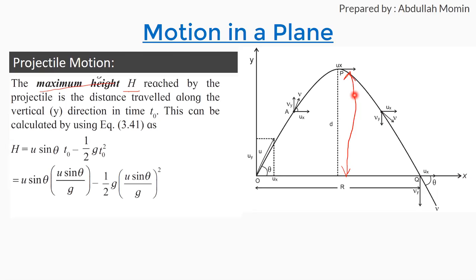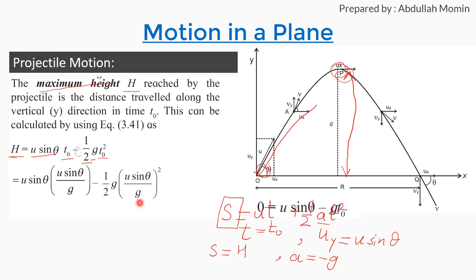Now putting these values in the above equation, the displacement in vertical direction s is h. So instead of s, we will write h. Instead of uy, that is initial velocity, we will write u sin theta. Instead of t, we will write t naught. Then half minus g, so here minus will come, and t naught square.